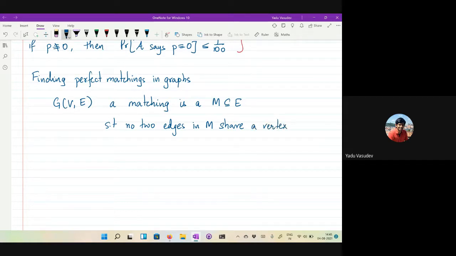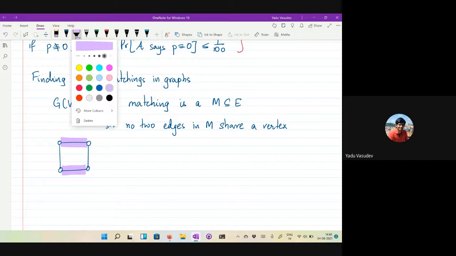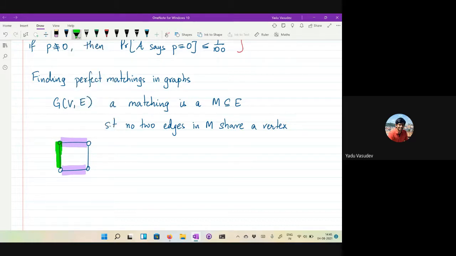Right? So for instance, if you have a graph, say a very simple 4 cycle, this is one matching, right? These two edges, the shaded edges, they don't share a vertex, so that is a matching. Similarly, these two, the green pair of edges, also is a matching, because they don't share a vertex.